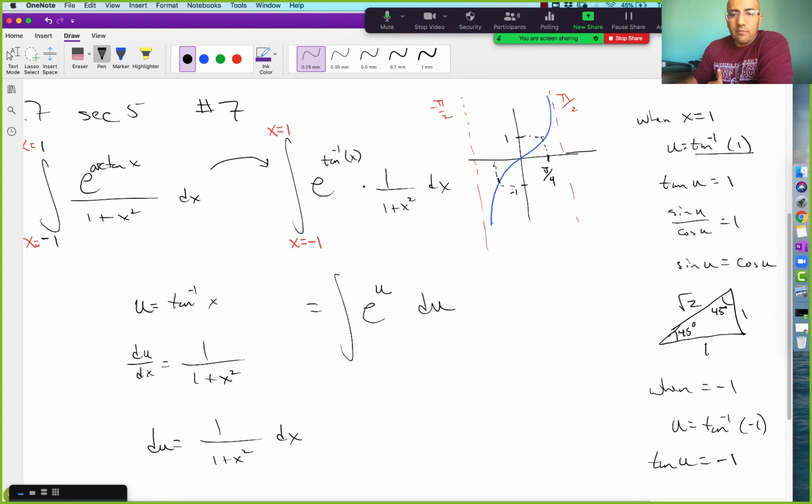And it's nice and symmetric, and it comes over here, and it becomes negative pi over 4. Okay, so my new limits of integration: u goes from negative pi over 4 to u goes to positive pi over 4.